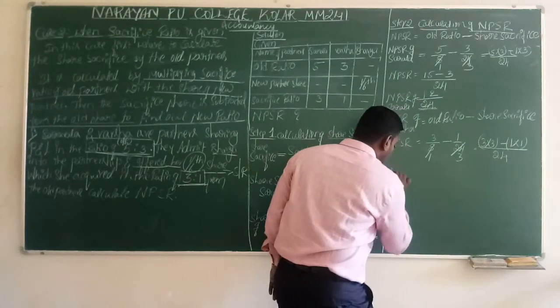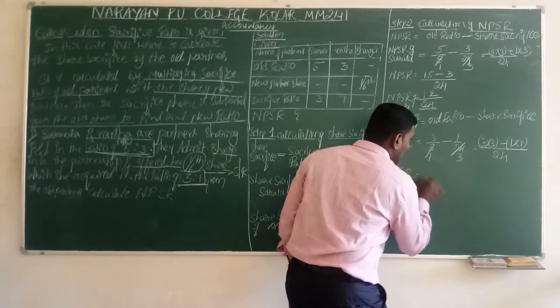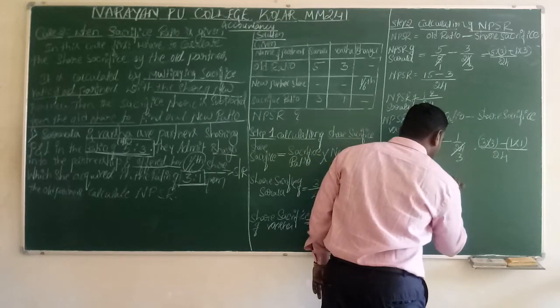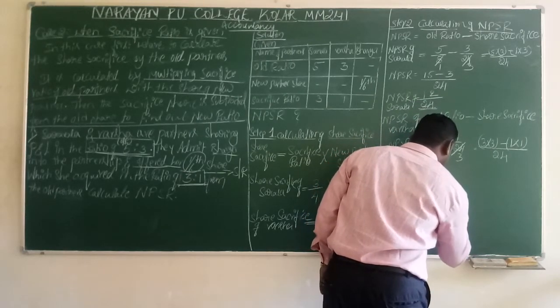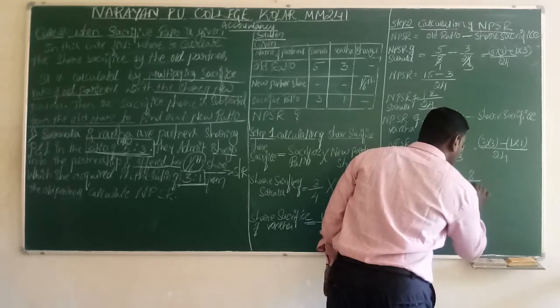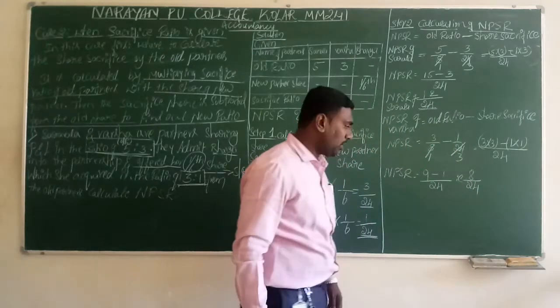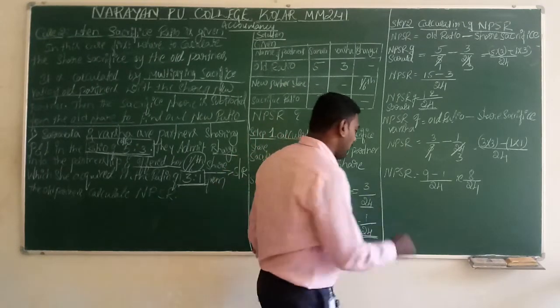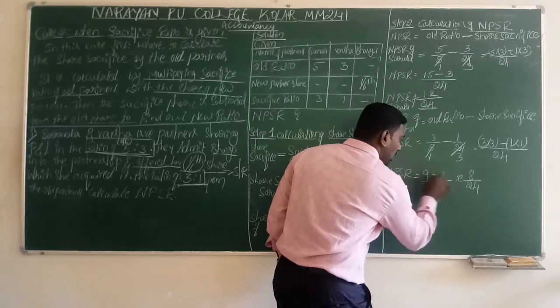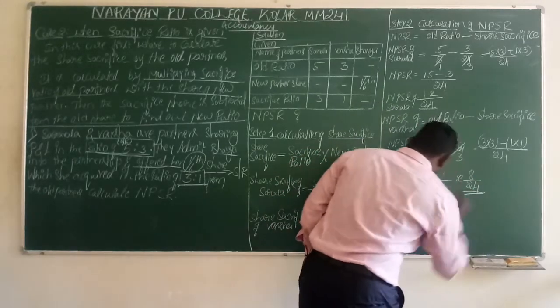NPSR is 3 threes are 9 minus 1 one is 1, divided by 24, that is 8 divided by 24. NPSR of Varsha is 8 divided by 24.